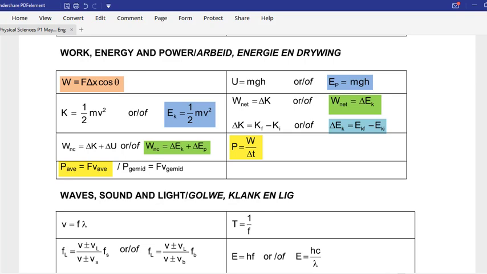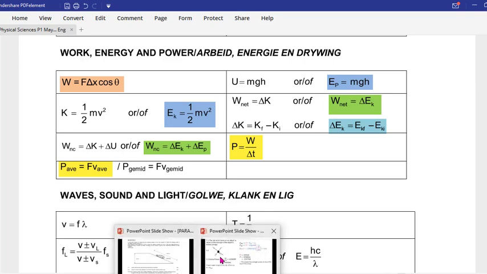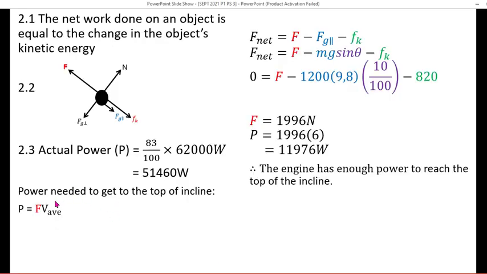So we say that our power is equal to the forward force, which is this force on the free body diagram, multiplied by what? The average speed, or the constant speed that we're given. And then we know that the car was moving at a constant speed.